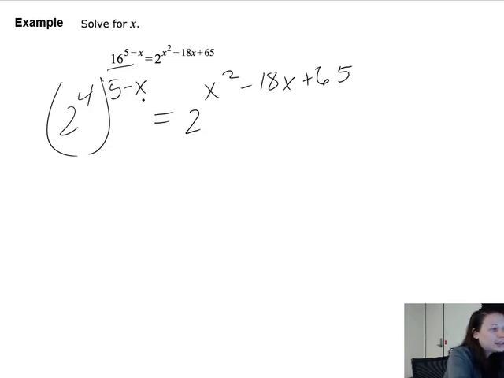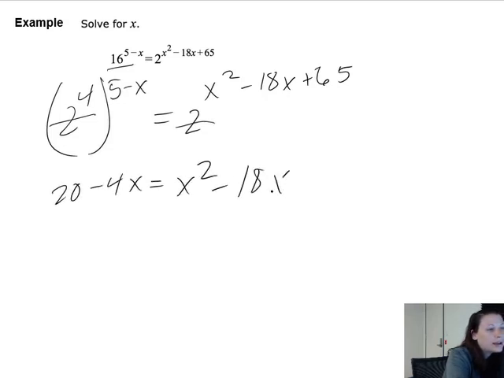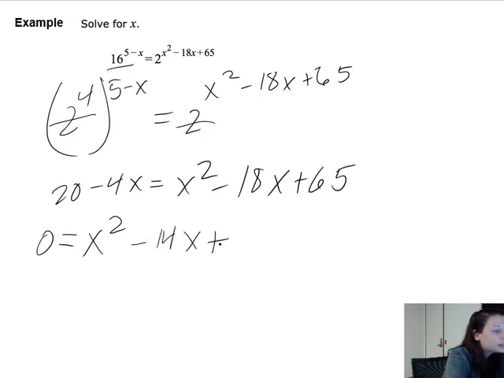So we can multiply these exponents, and same base means they cancel, right? So this would be 20 minus 4x is equal to x squared minus 18x plus 65. So then 0 is equal to x squared minus 14x plus 45.